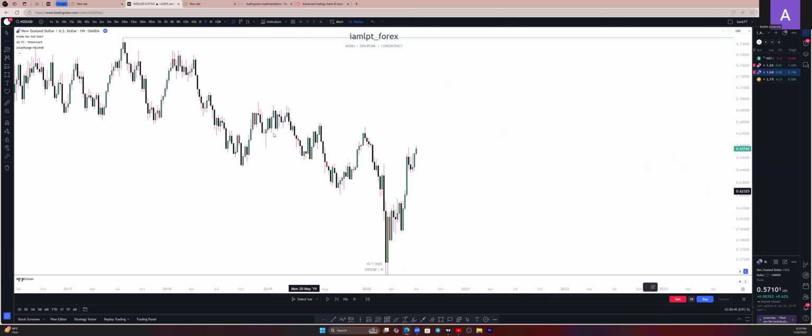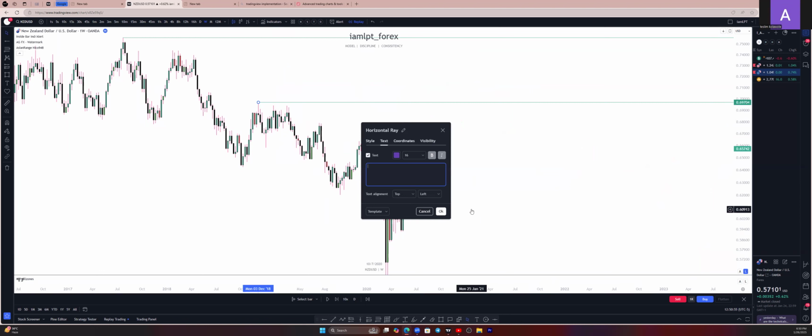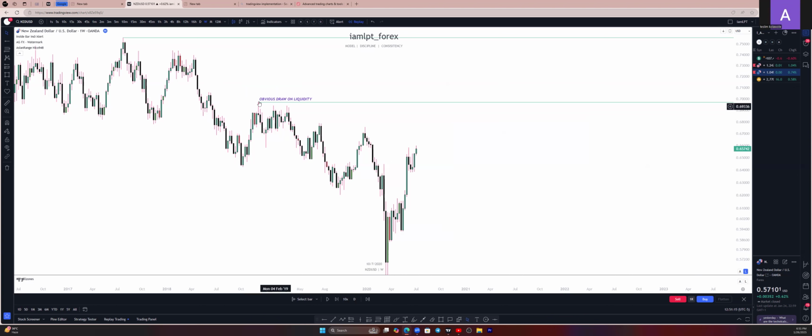So now, if you look at this, these levels of liquidity are obvious, right? We put it as an obvious draw on liquidity, because these are relatively equal highs.